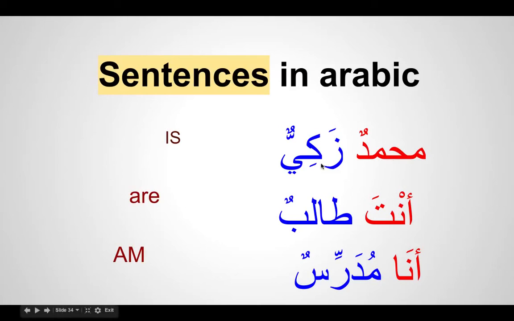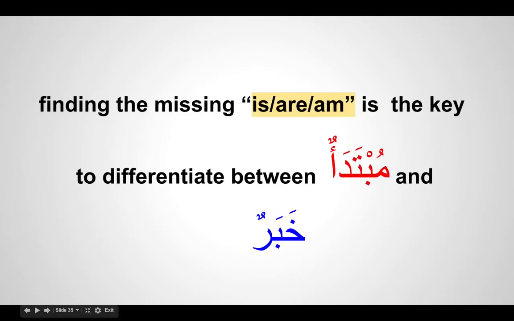Muhammad zakiyun, we translate as Muhammad is zakiyun, so Muhammad becomes mubtada and zakiyun becomes khabar. Anta talibun, you are a student. Ana mudarrisun, I am a teacher. If we find a missing is in a sentence, then the part before it becomes mubtada and the part after it becomes khabar.